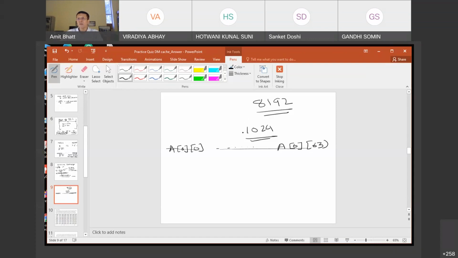I want everyone to think about this and then come back to this problem. I did not discuss overwriting simply because once I use this first row, A00 to A063, I'm not going to need it again, right?